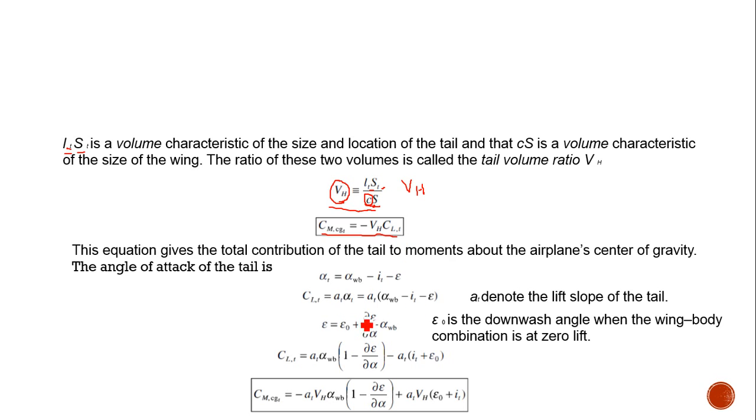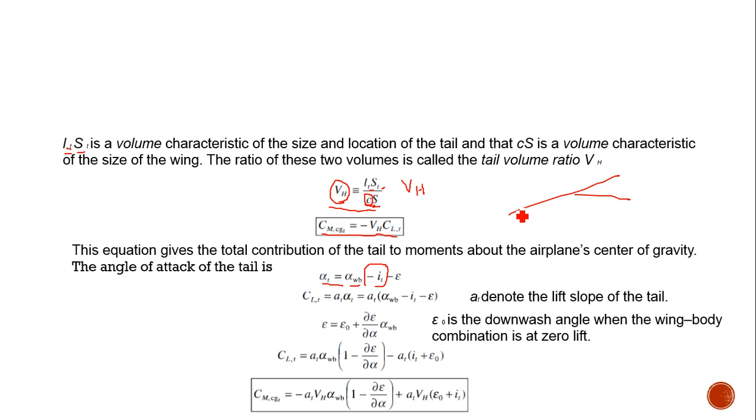Another thing, we know that some other factors also affect the tail, and we will see them here. So this alpha T, the tail angle of attack, is equal to alpha WB minus IT. We are including this IT term because the tail is set at a tail setting angle of IT.